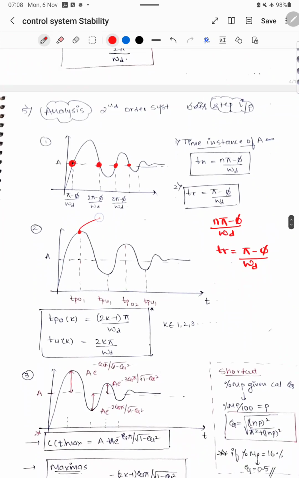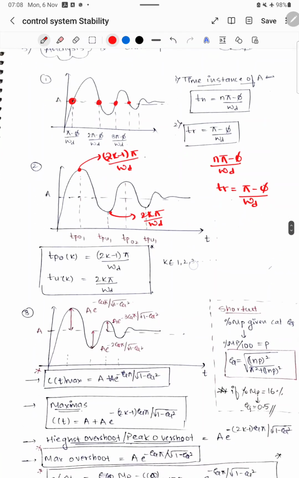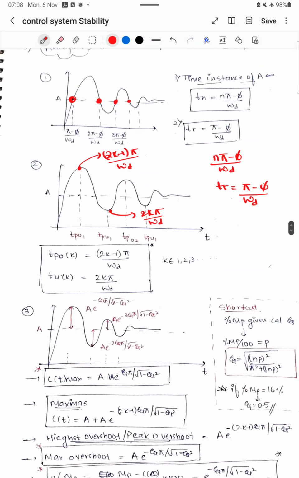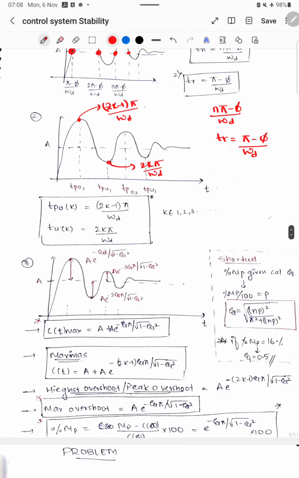Okay, then peak values are given by 2k minus 1 pi upon omega d, and dips are given by 2k pi upon omega d. Okay, so the first peak overshoot would occur at the time of 2k minus 1 pi upon omega d, and first undershoot would be 2k pi upon omega d.